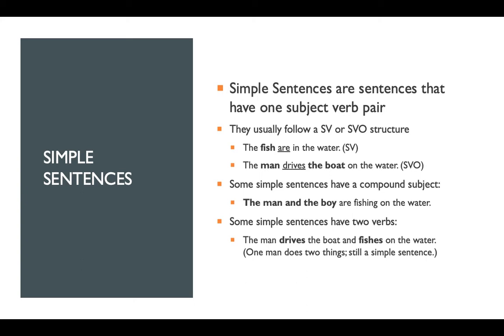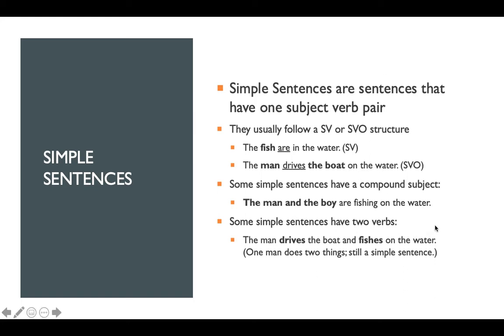Some simple sentences have a compound subject. That is, there are two people or there's two subjects. It seems like there are two different subjects. For example, the man and the boy are fishing on the water. Notice how this is still a simple sentence because there's only one subject and verb pair, even though there are two people.